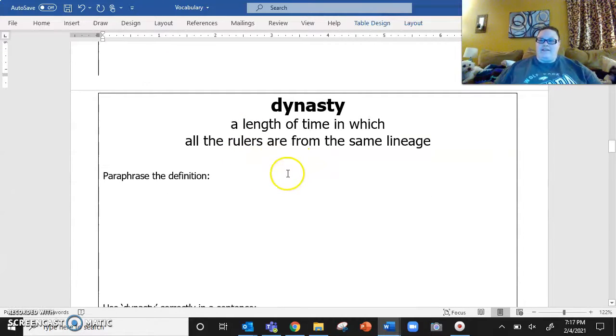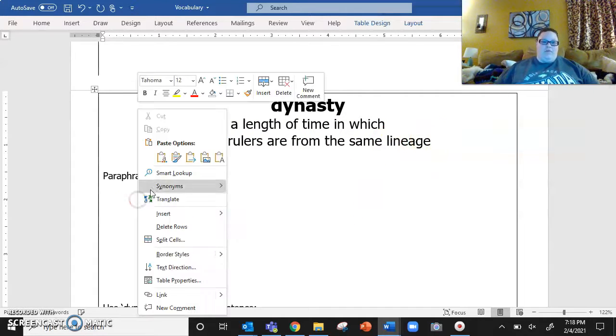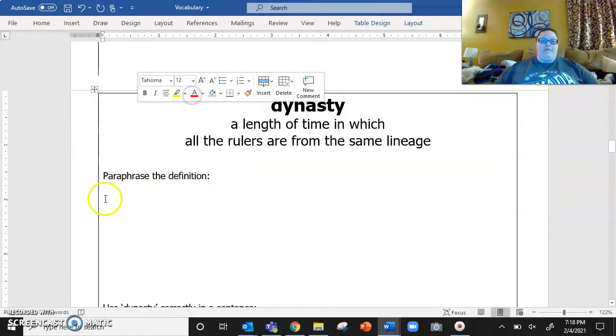Our next word, dynasty. I say, you say. Dynasty. Dynasty. Okay. A dynasty is a length of time in which all the rulers are from the same lineage. So lineage means a royal family. Right now, America has never had a dynasty.